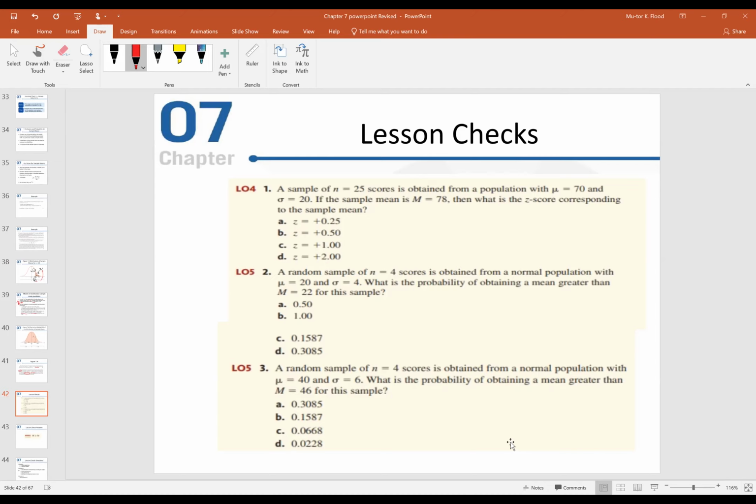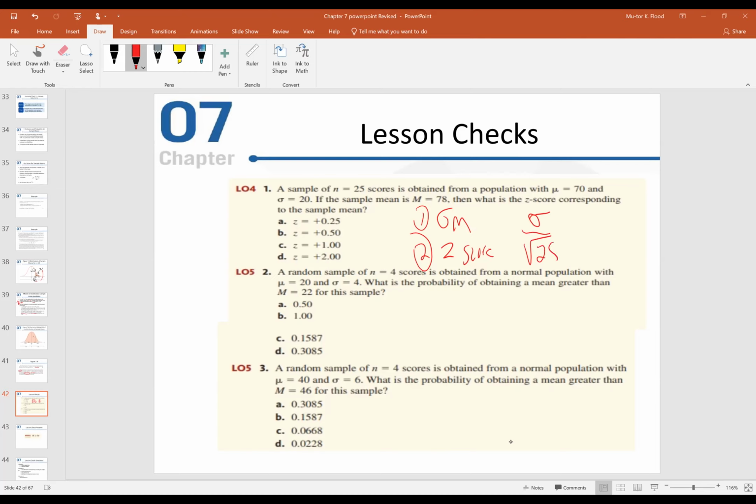For this one, all we're going to do first is calculate the standard error, and then we are going to calculate the z-score. The standard error is going to be the population standard deviation divided by the square root of the sample size, which is 25.